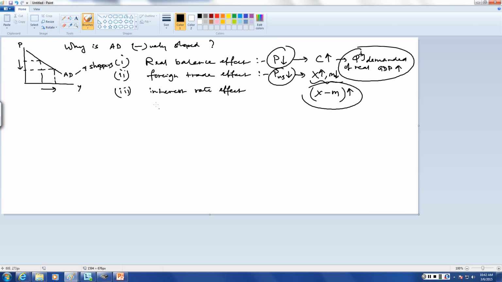And now, lastly, the interest rate effect. Now here, the explanation is quite simple. If the price level falls, meaning everything becomes cheaper, you and I need to carry less money in our pockets for our day-to-day expenses. So what do we do with the money that we don't need to carry with ourselves anymore? Because everything's become cheaper. Put it in the bank. And when we put our money in the bank, banks have more money to lend. Right? So banks start to push loans, because when they have all this money, our money, lying with them, what do they do with it?